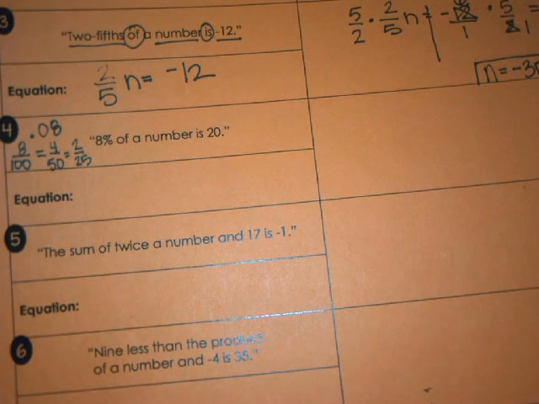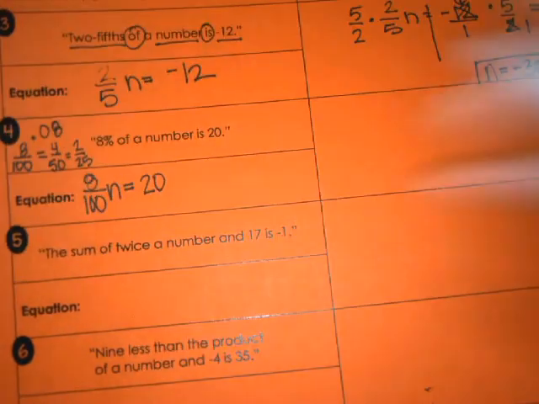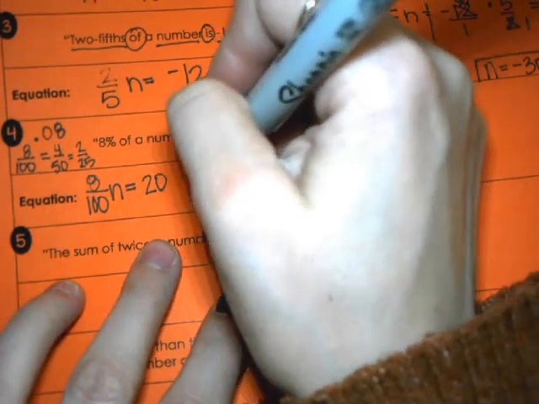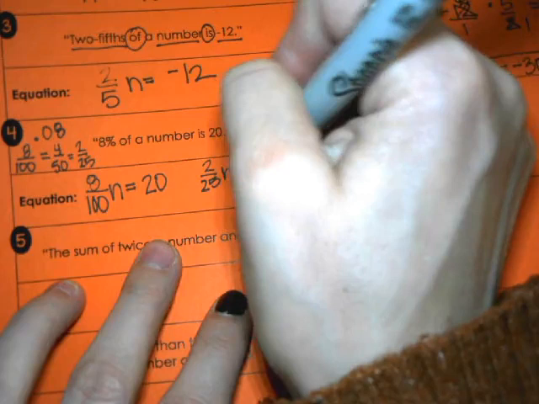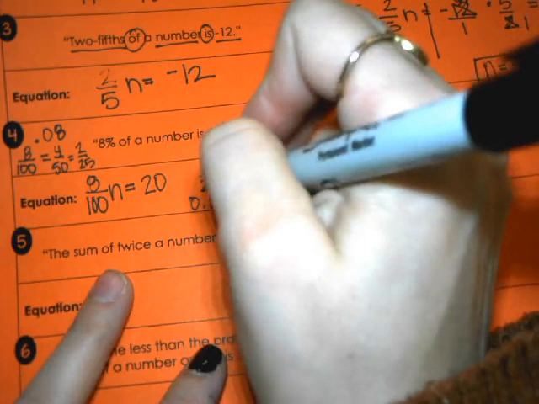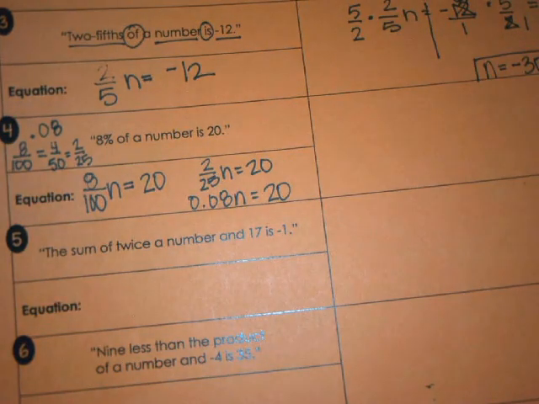How'd you write it? Okay, that's how Becca wrote it. 8/100 times n equals 20. Anyone write it any other way? Leah? Did anyone do any other way? Those are probably the most common ways, right, guys? Whatever way you chose, solve it, please. Go.